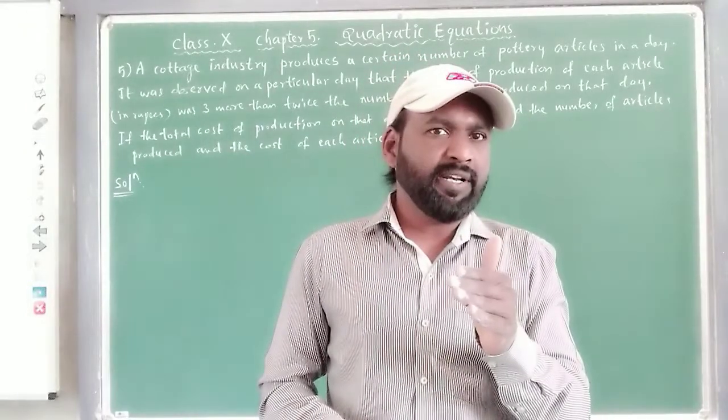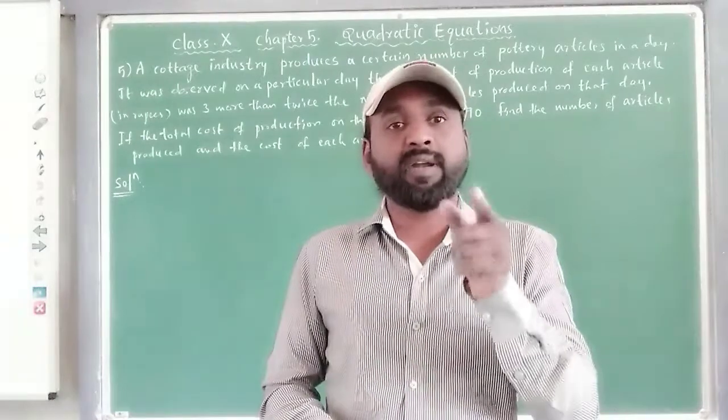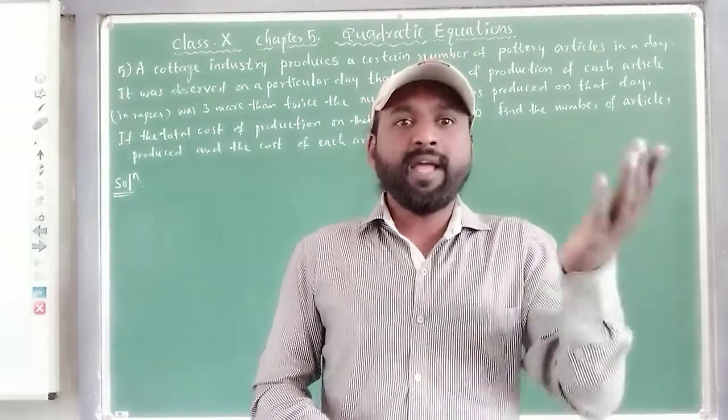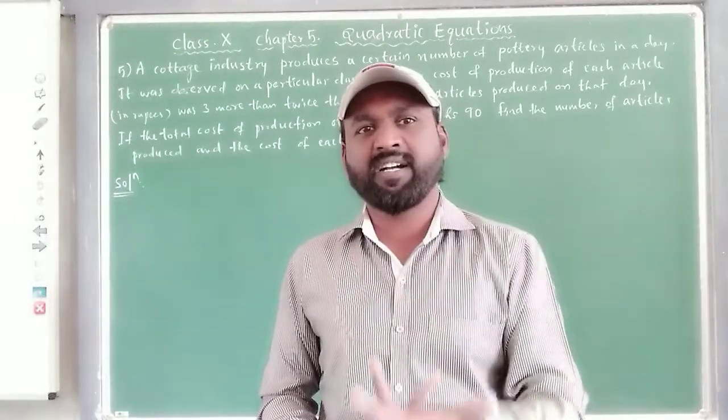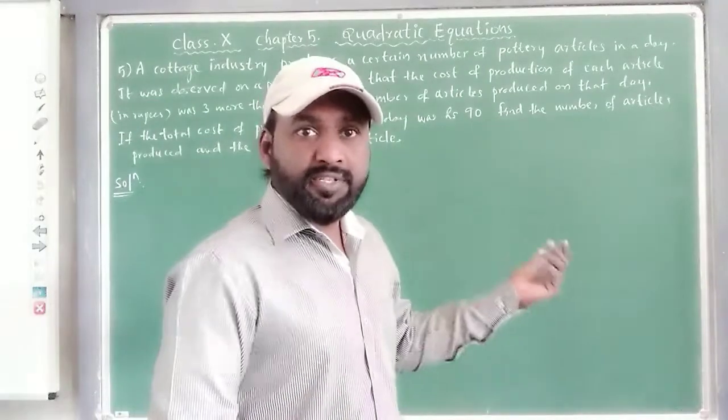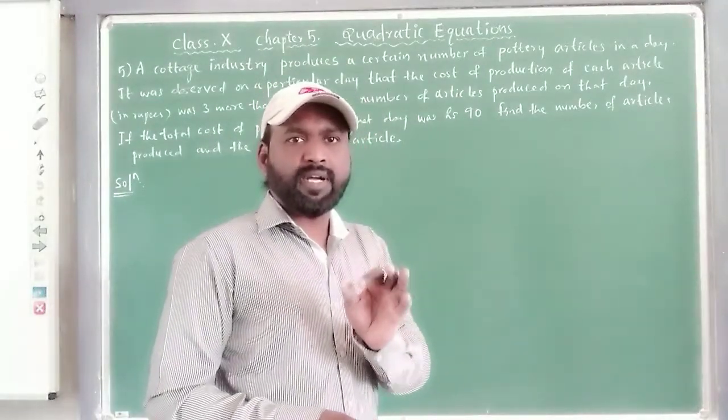So first what we need to assume? We need to assume the number of articles produced on a particular day, so that based upon that, the cost of each article will be dependent. So let us assume the number of articles produced on a particular day.